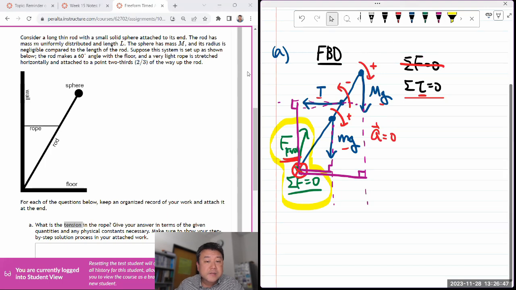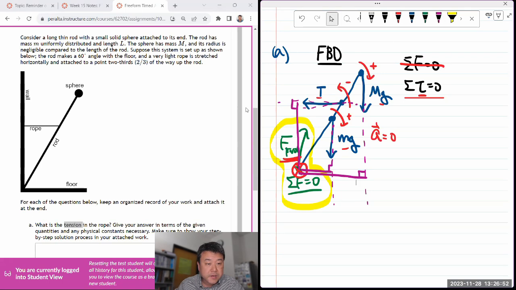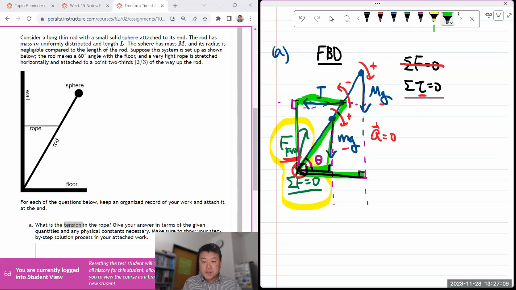Are we given the angle? It makes a 60-degree angle with the floor. So we are given this angle theta. So once you have the angle and you've got these triangles identified, hopefully you have a good sense of, oh, this is the trig relationship I should use for the lever arm for these forces.